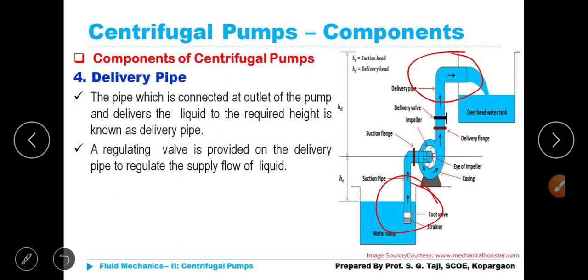Overhead tanks will not be at a constant height. Depending upon the number of storeys of a residential or office building, the overhead water tank should be kept at the topmost floor. That height will differ from purpose to purpose. A regulating valve is provided on the delivery pipe so as to regulate the supply flow of liquid. That's all, the overall component parts.